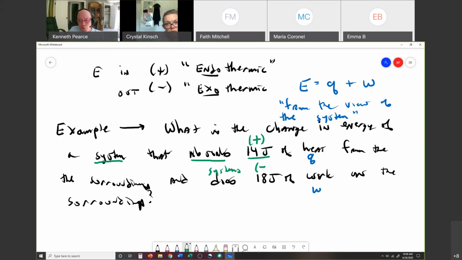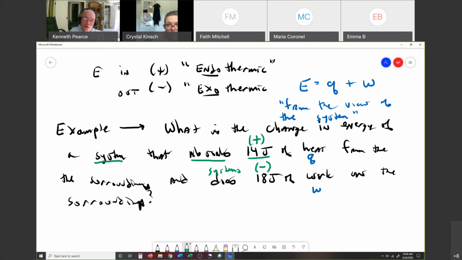That must be negative. Because where does the energy come from to do the work on the surroundings? It had to come from the system. If you're coming from the system, you're negative. If you're absorbing heat from the surroundings, where's it going? It's going into the system. If you're going into the system, it has to be positive.